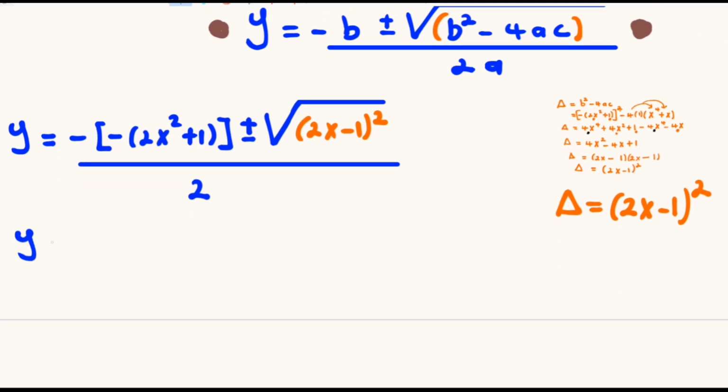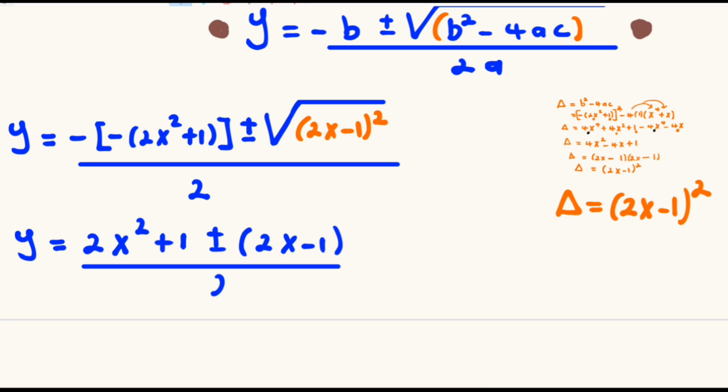Our y will be equal to, the negative multiplied by the negative will be positive, so we'll be left with 2x squared plus 1 plus or minus, and the square and the square root will cancel out, and we'll be left with the 2x minus 1, divided through by 2.